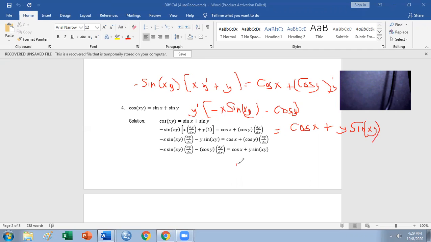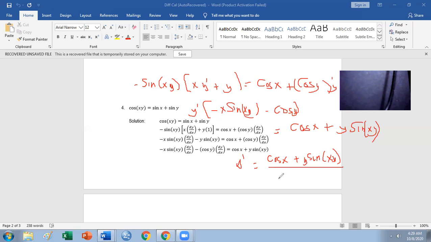And therefore I can solve for y prime. Y prime is what? Y prime is cosine x plus y sine of xy divided by what?